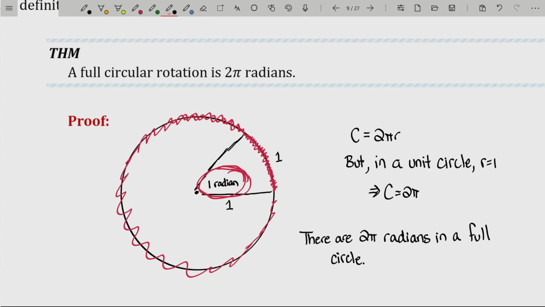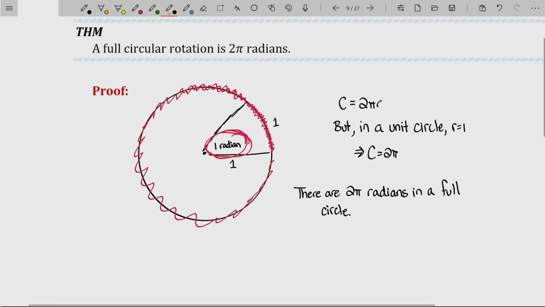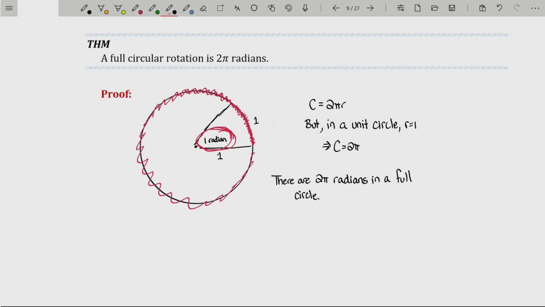Now, if you don't like that version of the proof, there's actually a better version, which uses the formula we just mentioned a moment ago. I wrote this down on a previous page. It was that the arc length divided by the radius is always equal to the angle. Again, that angle must not be in degrees. It must be in radians, right?